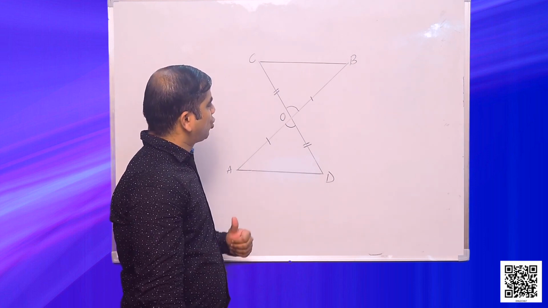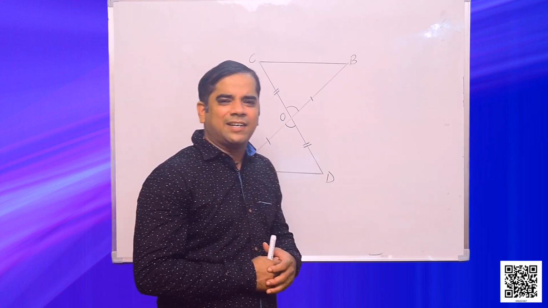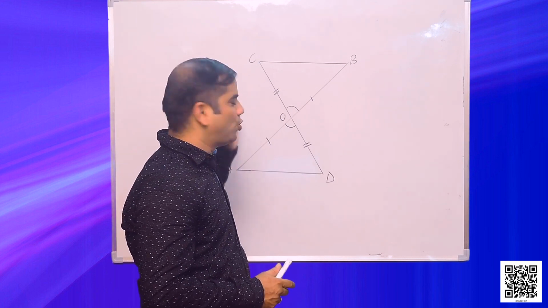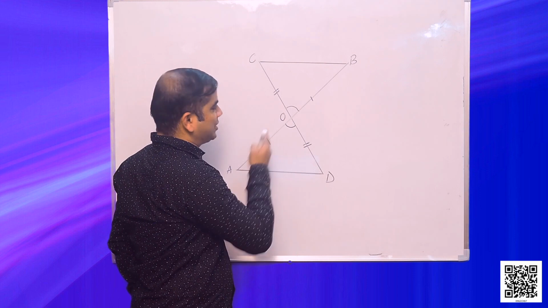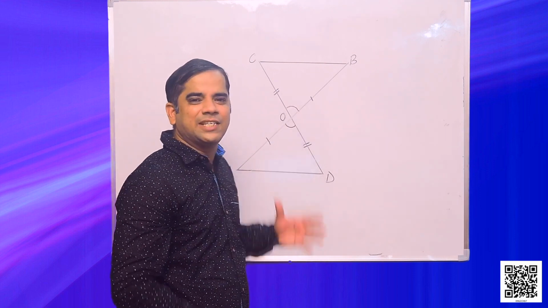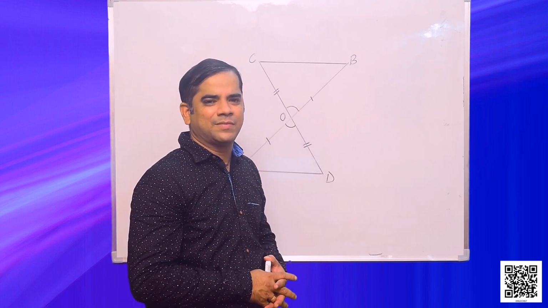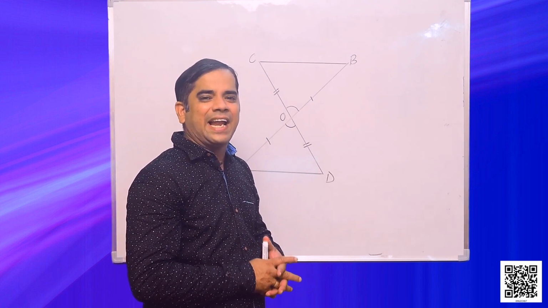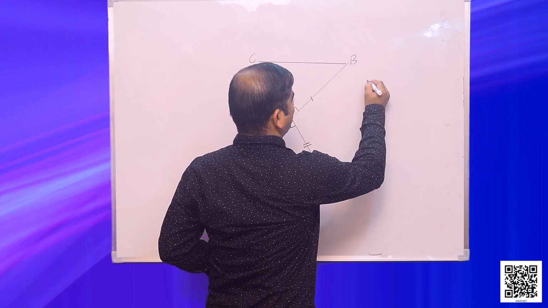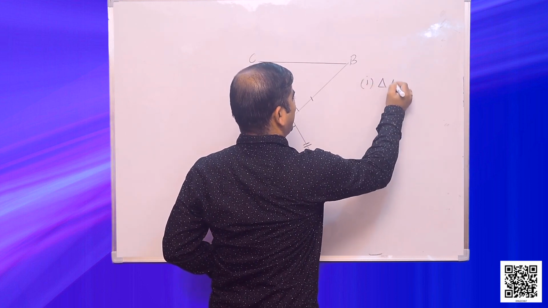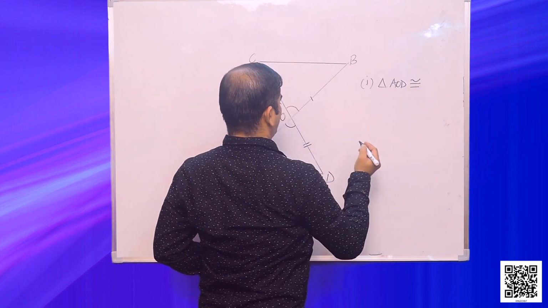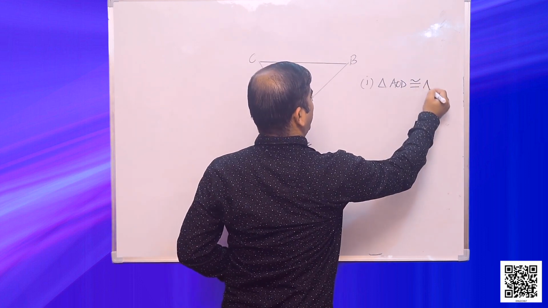So the question says that in this diagram OA is equal to OB and OC is equal to OD, and it asks to prove triangle AOD is congruent to triangle BOC.